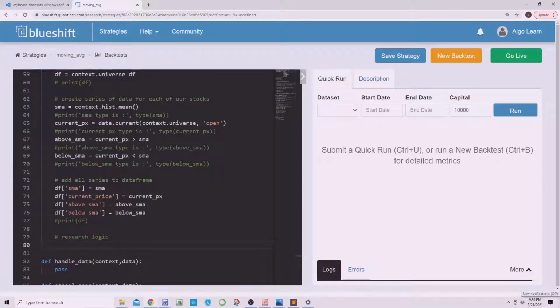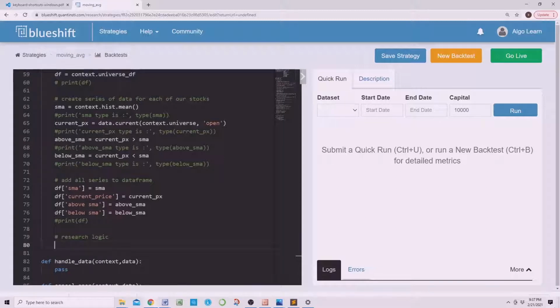So let's go ahead and find out the number of stocks that are actually above their moving average when the market opens. We can pick a date, and we will. But we want to find out on that day how many are above their 200 moving day average.